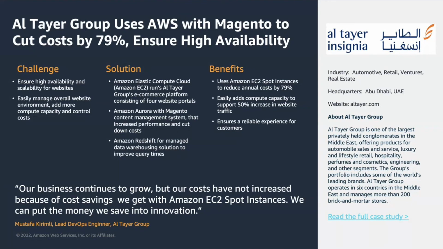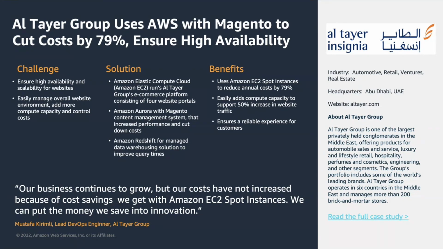If somebody's new and they don't know what Spot instances are, it's basically unused or leftover EC2 capacity that, if you can use it, you'll get about 90% off compared to on-demand instances. At the same time, they were able to easily add compute capacity to support a 50% increase in website traffic.